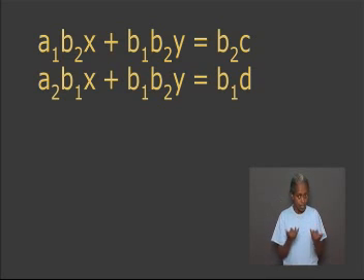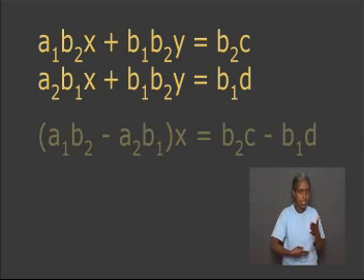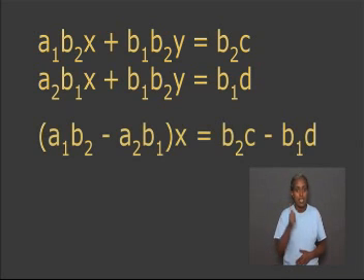Now we can subtract the second equation from the first. This results in A1B2 minus A2B1 times x equals B2c minus B1d.